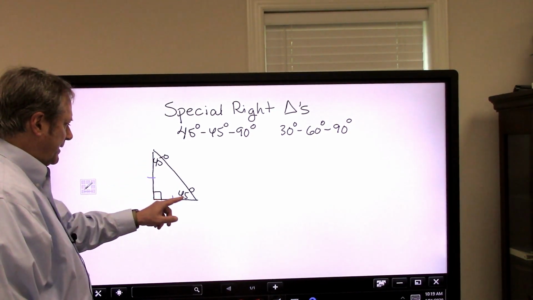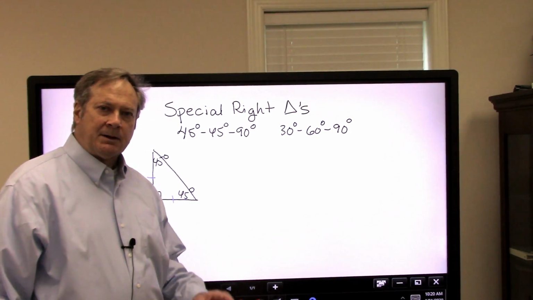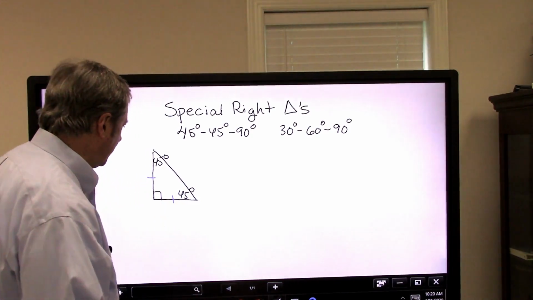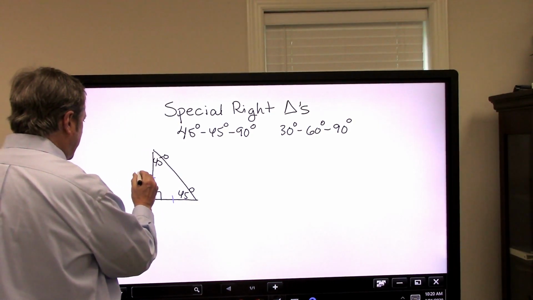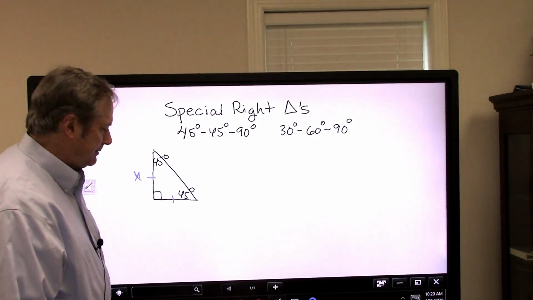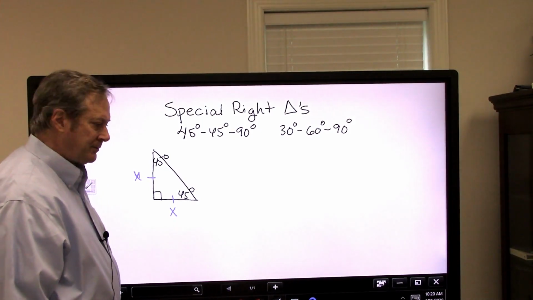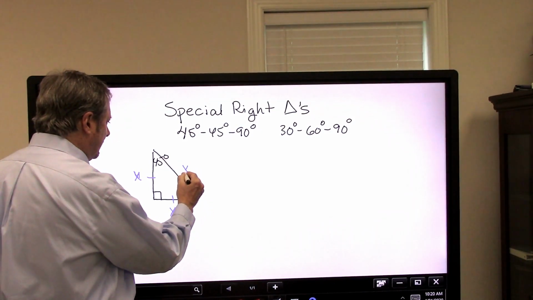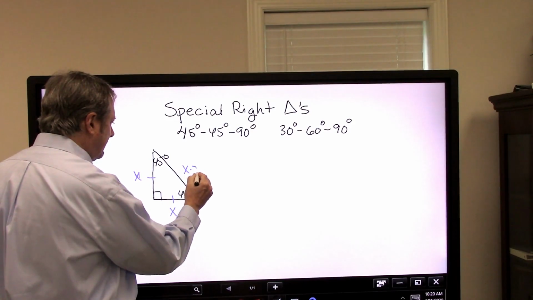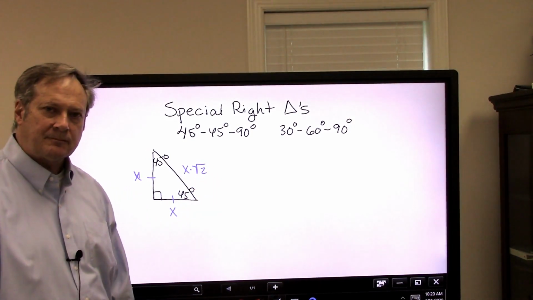Now, in a 45, 45, 90 triangle, the sides work this way. If this side we call x length, then this side is going to be x length, and this side is going to be x length times the square root of 2. Alrighty?